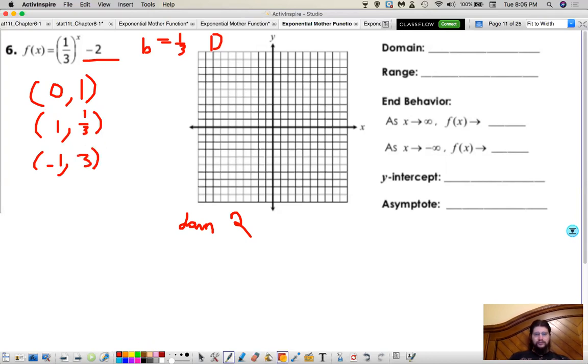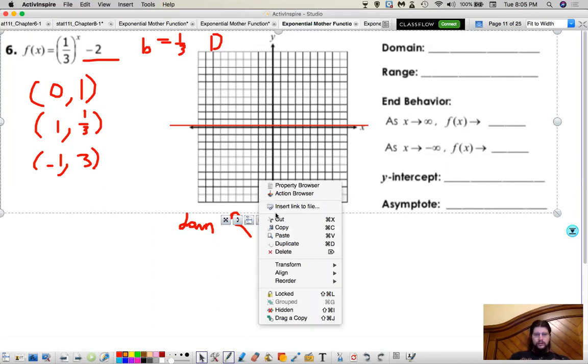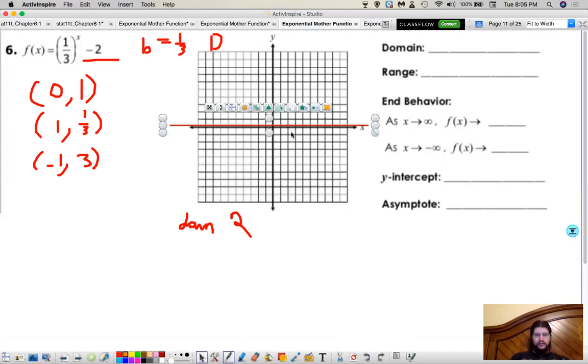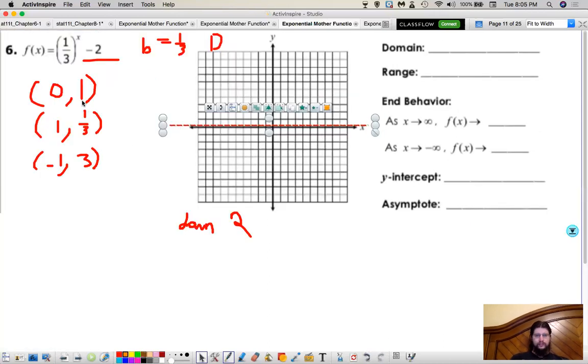Let's plot stuff, starting with my asymptote. All right, let's go ahead and make that dotted. There we go. I'm going to go ahead and plot my basic points. 0, 1; 1, a third; -1, 3.